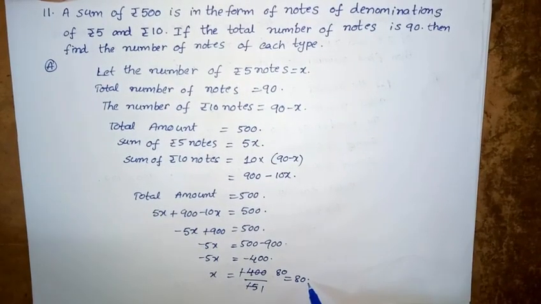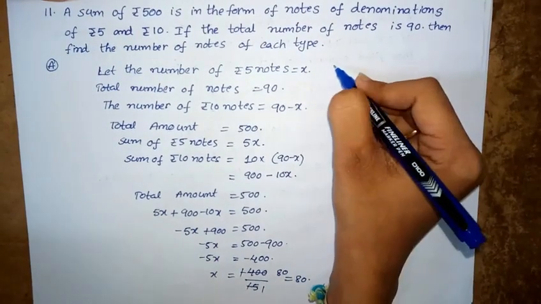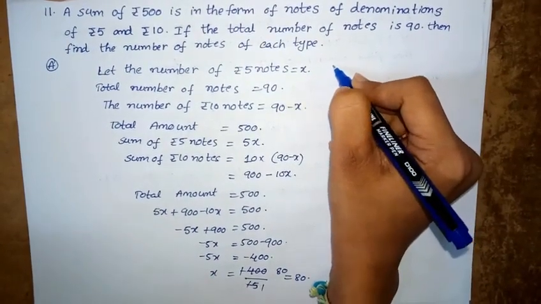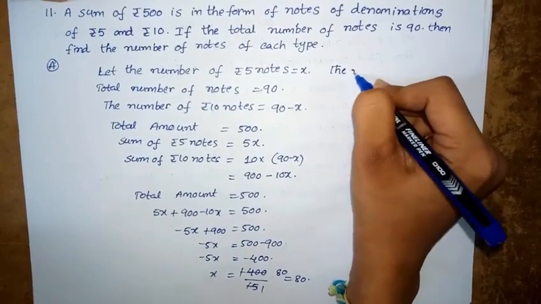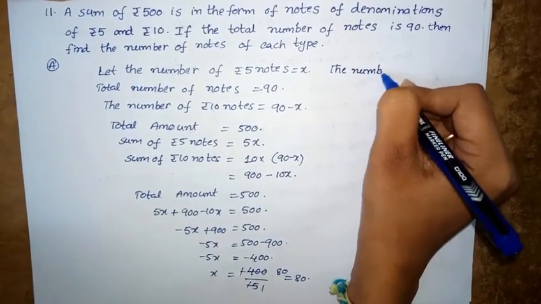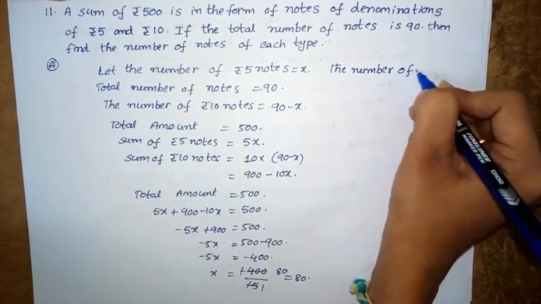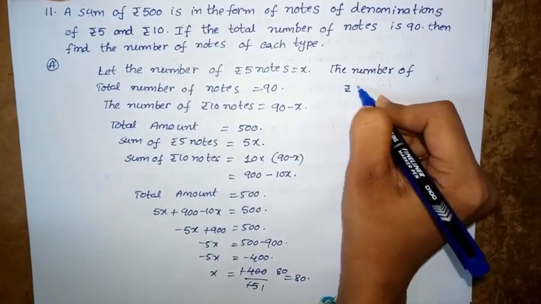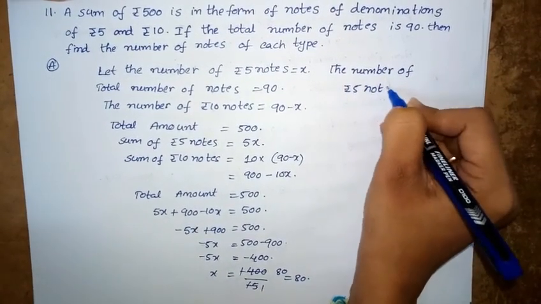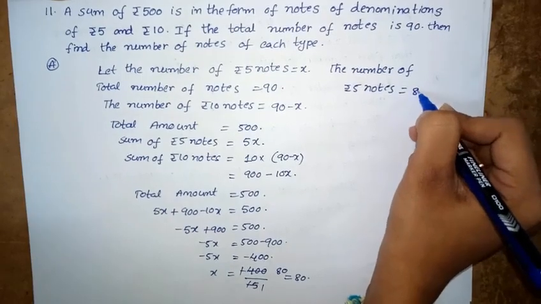So x represents the number of 5 rupee notes. So the number of 5 rupee notes is equal to 80.